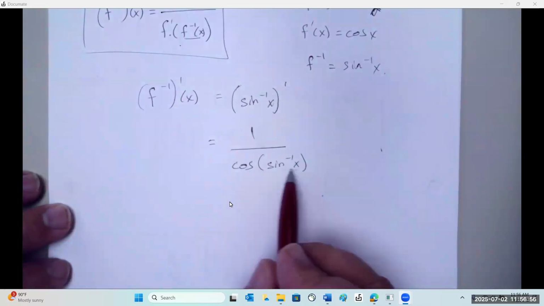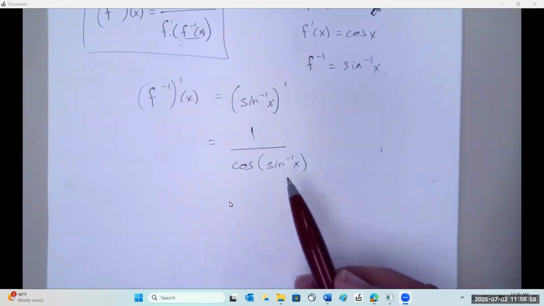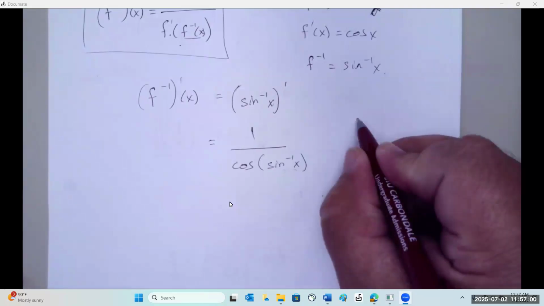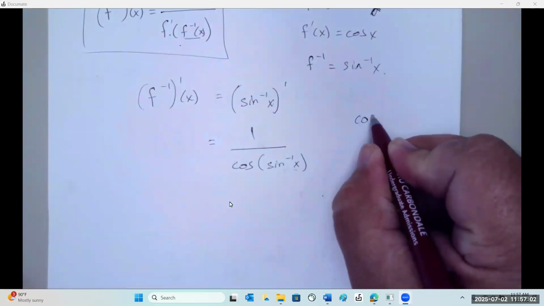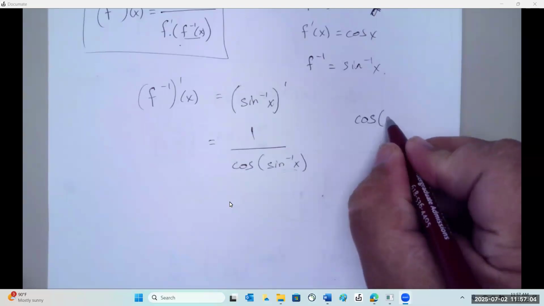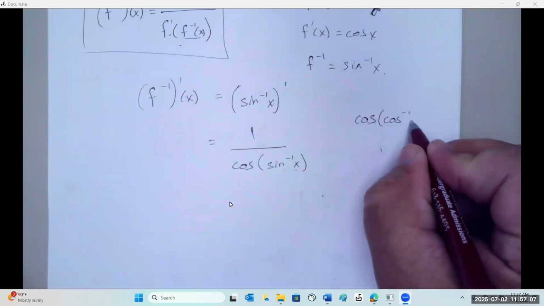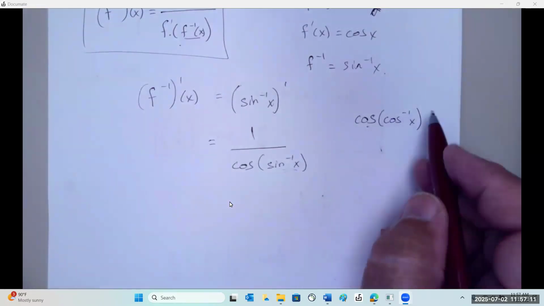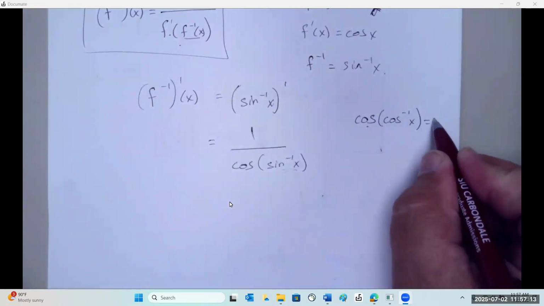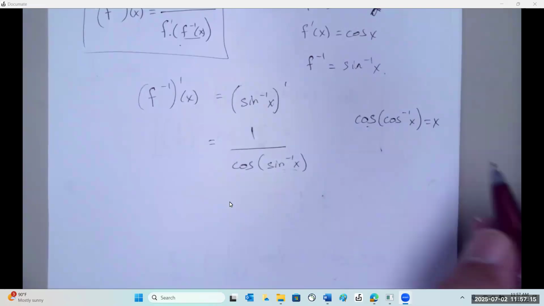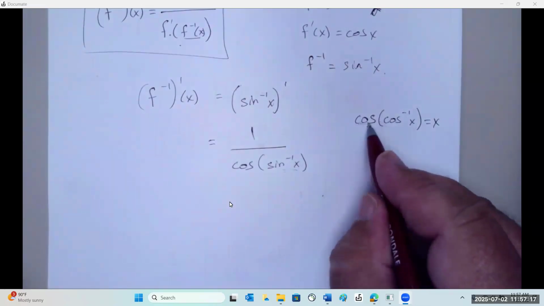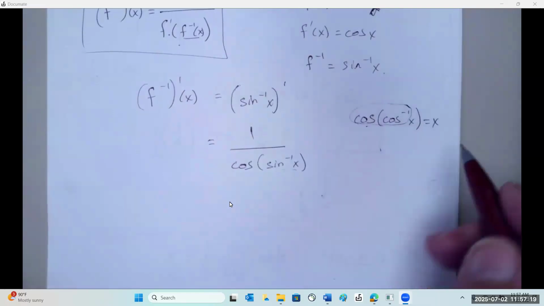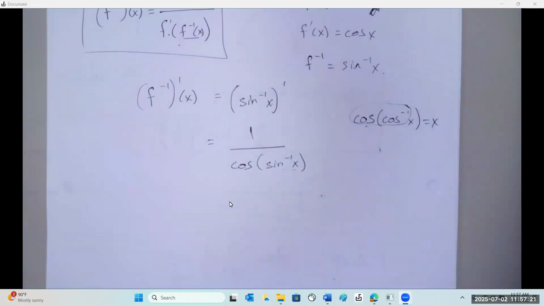Now, here's the problem. Remember, when dealing with inverses, the cosine of cosine inverse of x is equal to x. The cosine and the inverse of it, as a composite function, will cancel each other out.